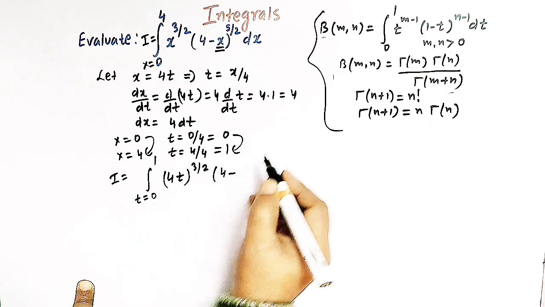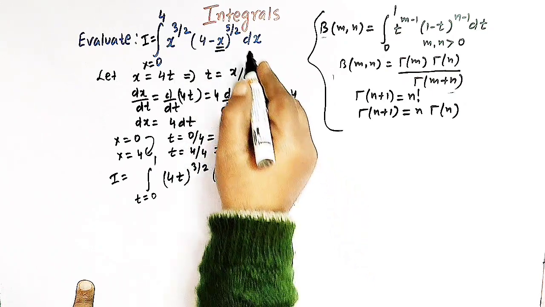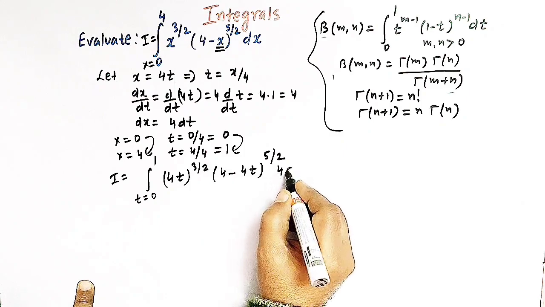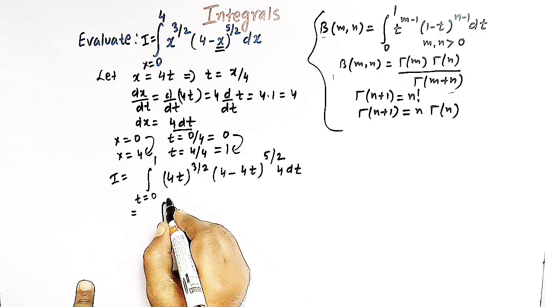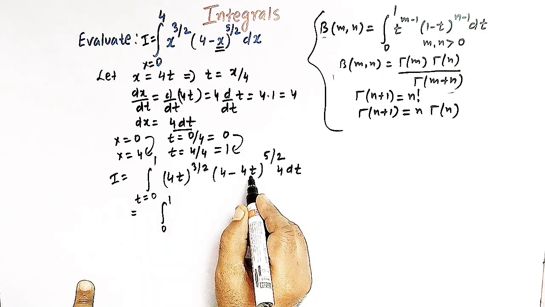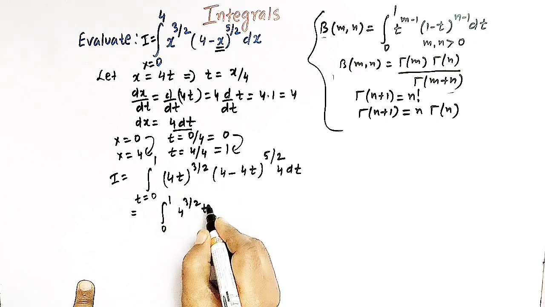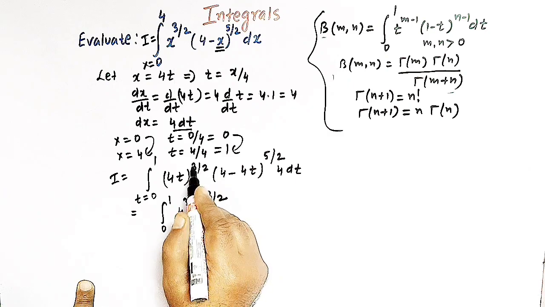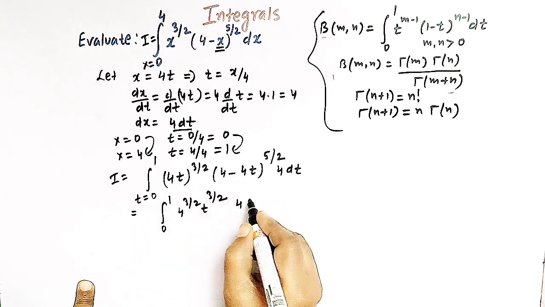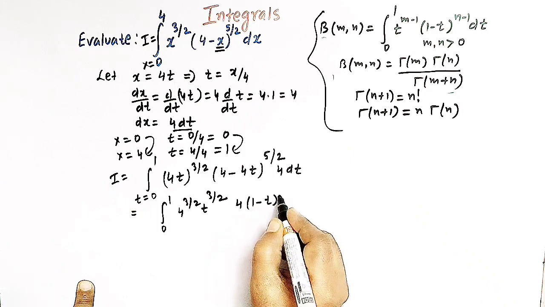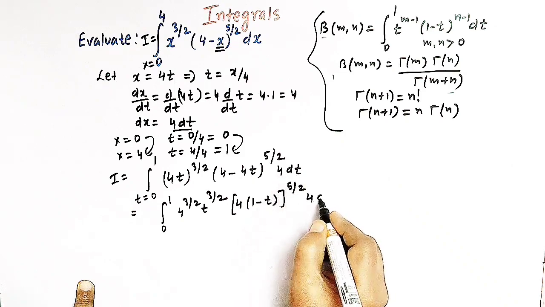Then 4 minus x is 4 minus 4t, raised to 5 over 2, and dx is given by 4 times dt. Now let us simplify the integrand. We have 4 raised to 3 by 2 and t raised to 3 by 2, distributing the power to 4 and t, and in the other factor we can take 4 common, so we have 4 times 1 minus t raised to 5 over 2, and here we have 4 dt.